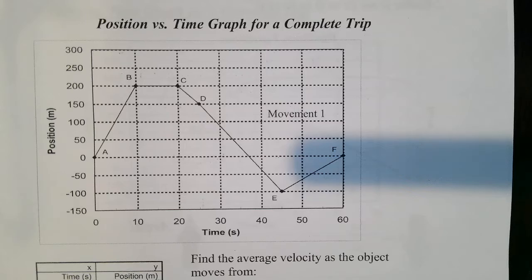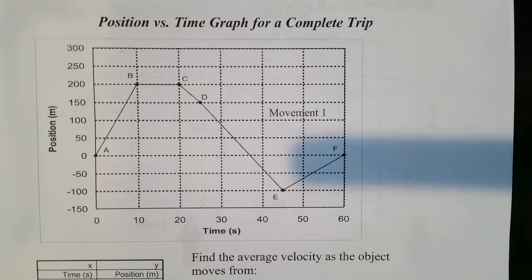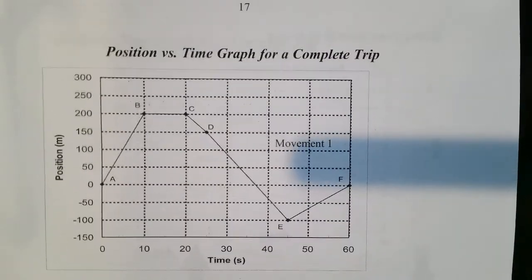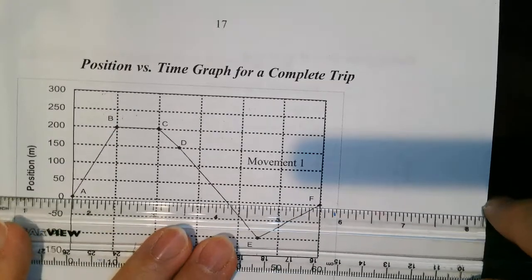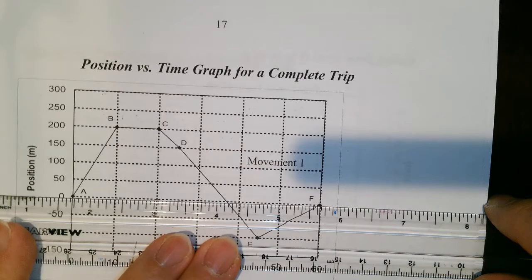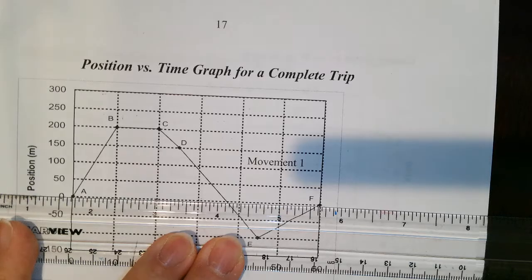So here, if I were to look at a position versus time graph, okay? The first thing I would do is always identify my time axis. So I would draw my time axis at 0, vertical.